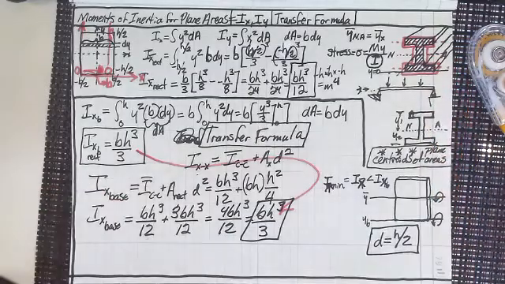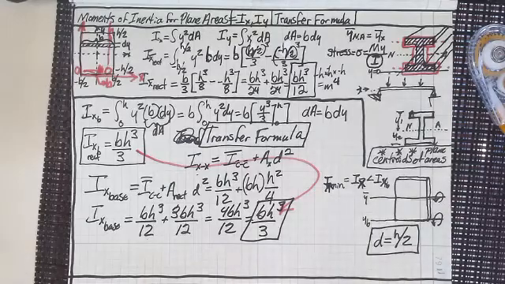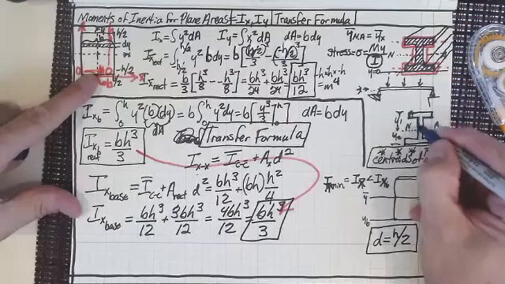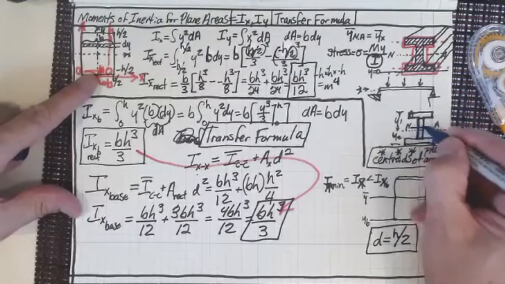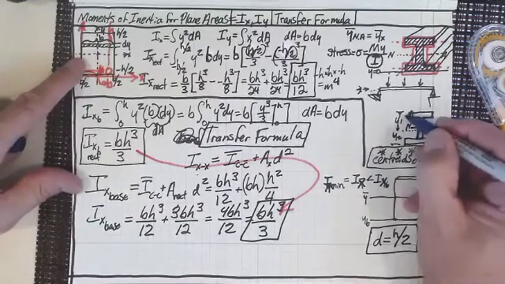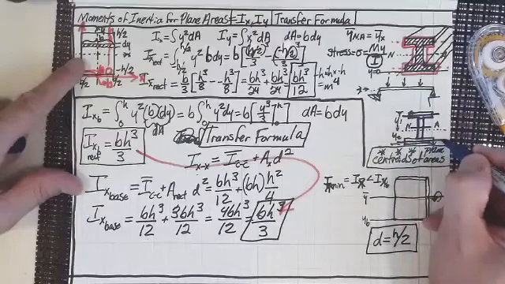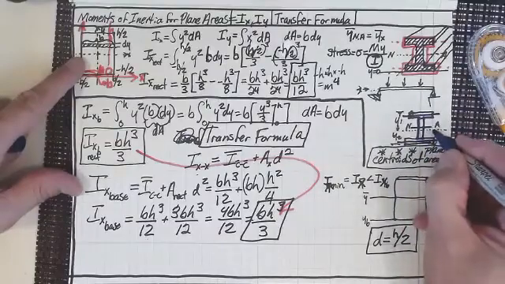And what if, like this, we have all three of these? This one right here, maybe its centroid is there. This centroid is up here. This centroid is down here. So all of these will have to be transferred.